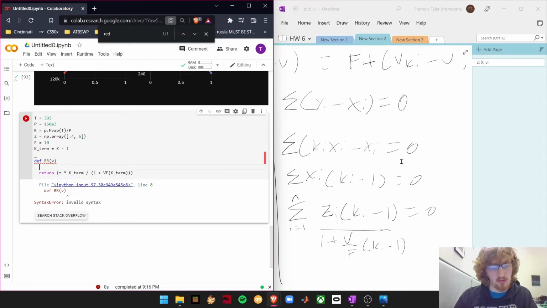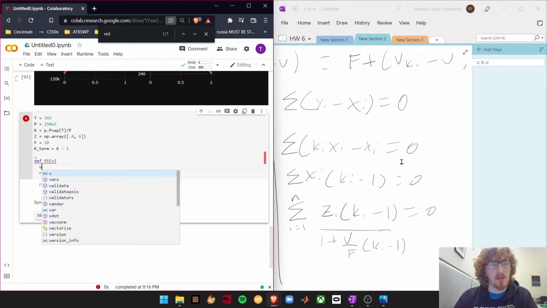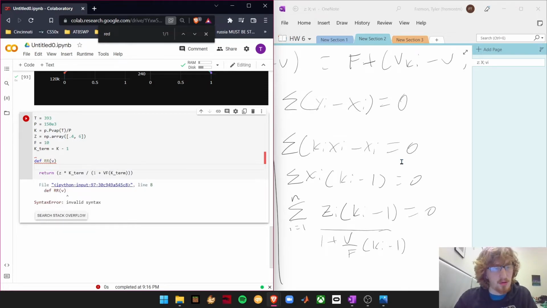And then from here, okay, so our vector, we're passing in a vector because we're actually going to be using a root solver. And we want our VF to be the first term of our vector that we pass in. And we're actually going to be solving for the root.